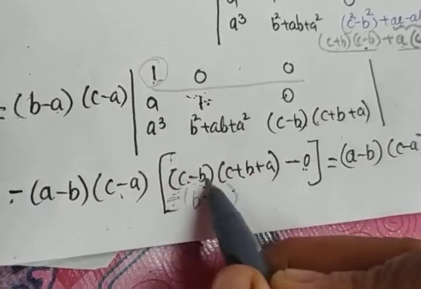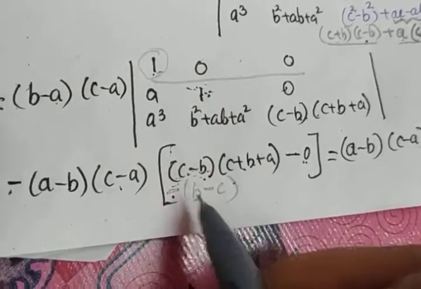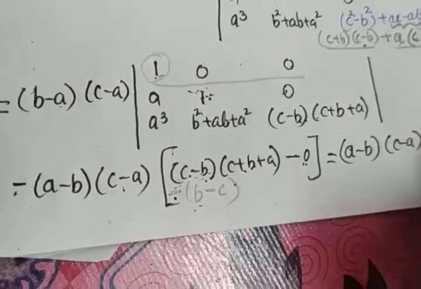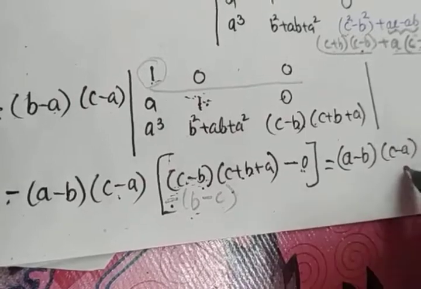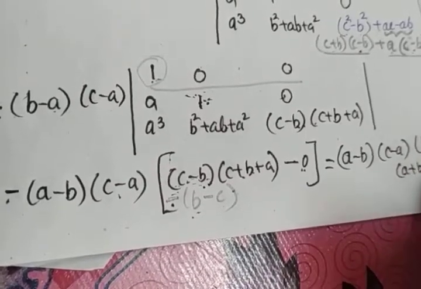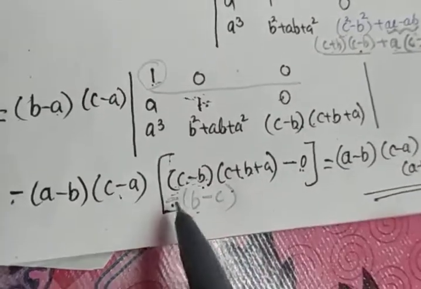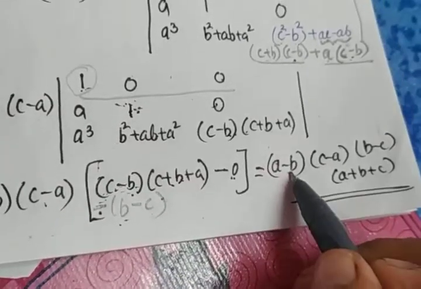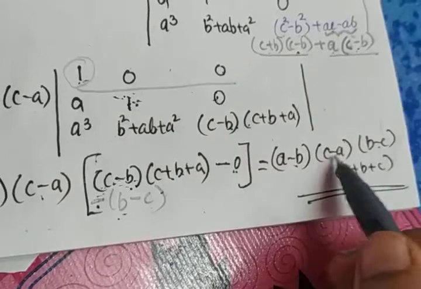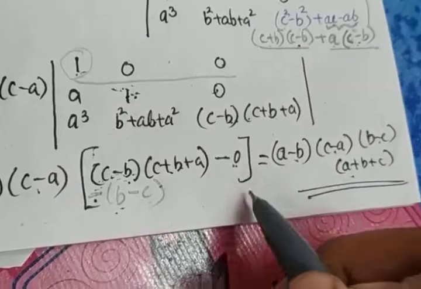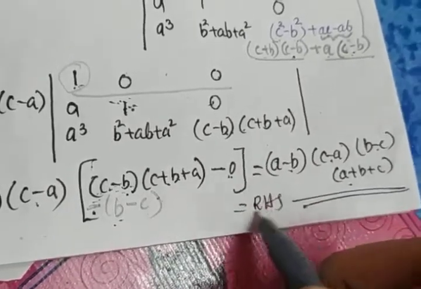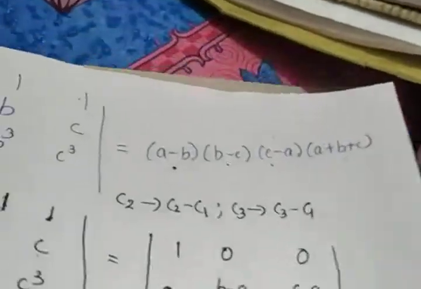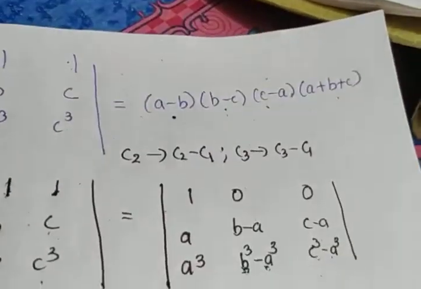And from that c minus b, I took a negative outside and I got b minus c. So the term is actually b minus c into a plus b plus c. This negative and this negative together make you positive. So we are getting a minus b into b minus c into c minus a into a plus b plus c, which is our RHS. So hence proved. That was our RHS which we needed to prove.